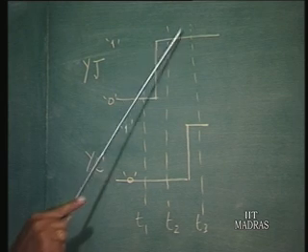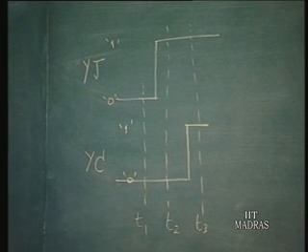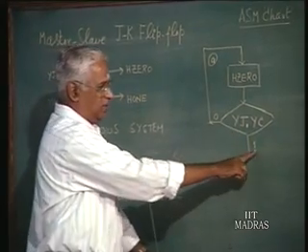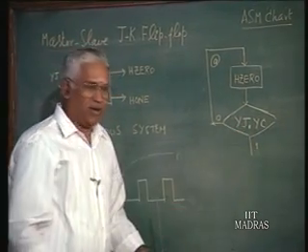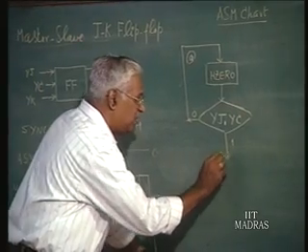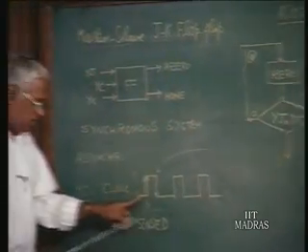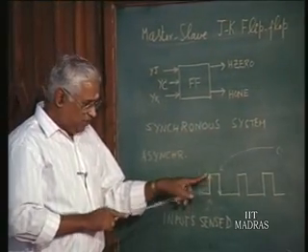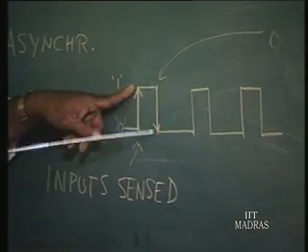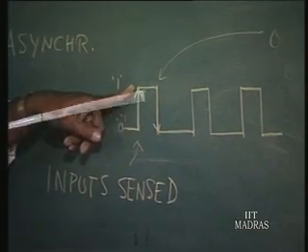Now, I am seeing Yj, Yc both 1. So, for instance, this is the one. Yj and Yc both are 1. Now, what did we say earlier? When it is 1, the input alone is sensed. The output should not change. Output will change only for the falling edge.